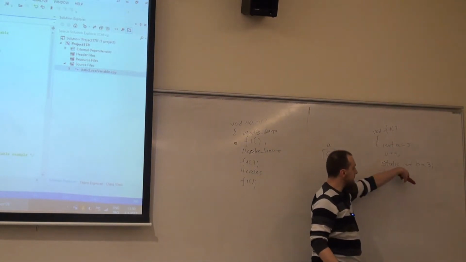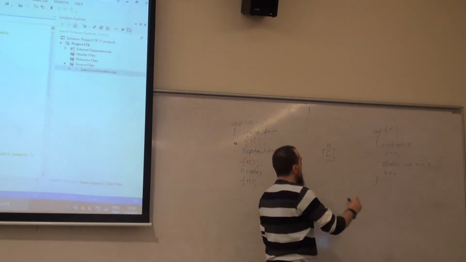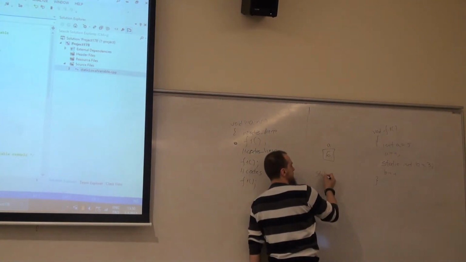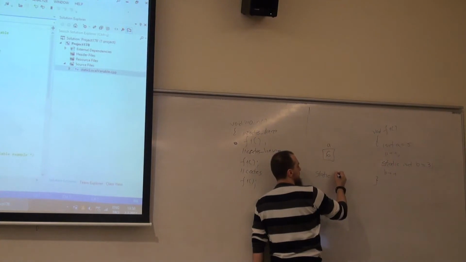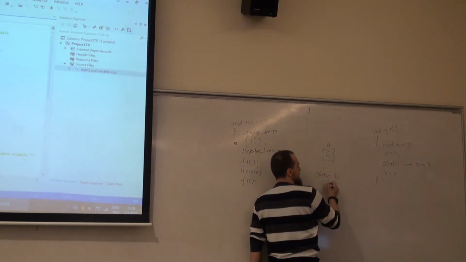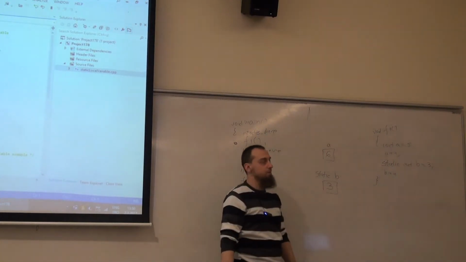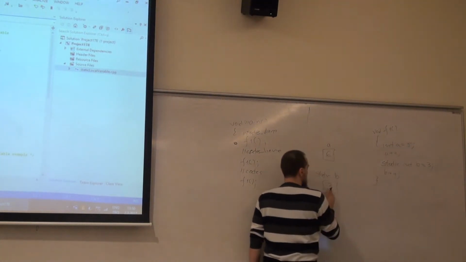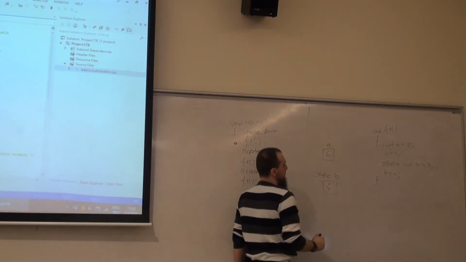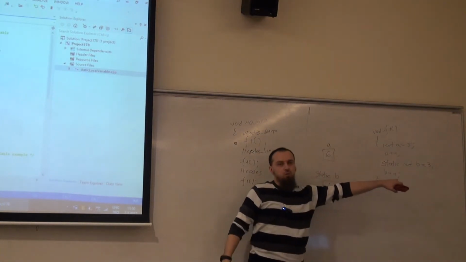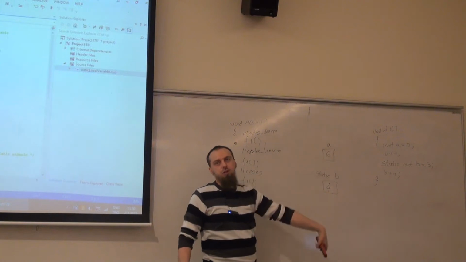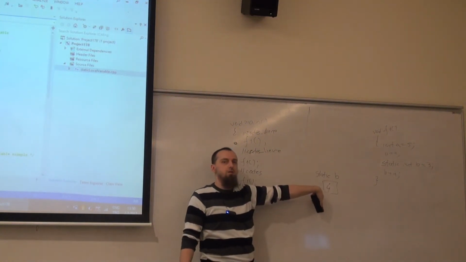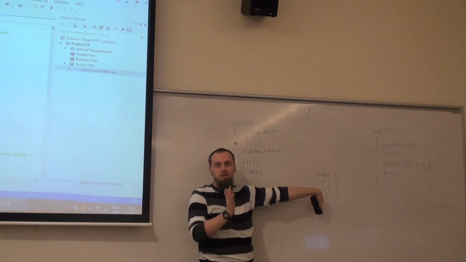Then I declare a static integer b, and its initial value is 3. I increment b, and it's 4. When I finish with f1, everything that is associated with f1 is going to be erased, except for the b variable. And it stays as it is.